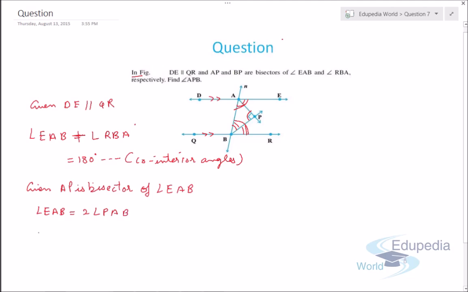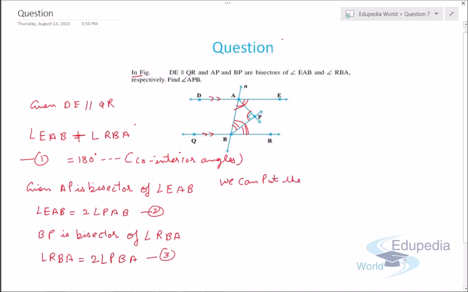Similarly, it's given that BP is the bisector of angle RBA. So we can write angle RBA is 2 times angle PBA. Now let's mark these equations as 1, 2 and 3.